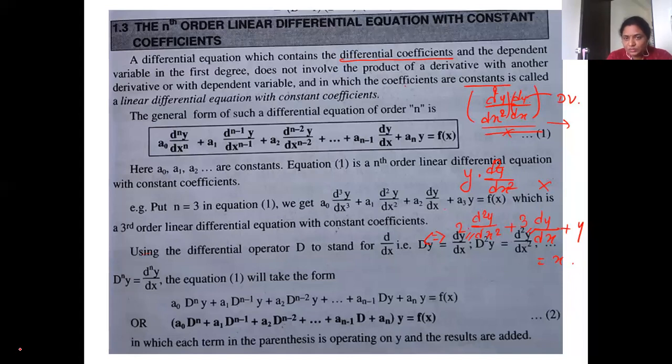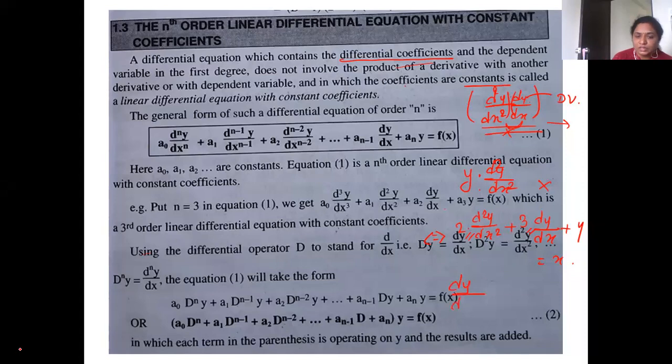The equation does not involve the product of two derivatives, or a product of a derivative with the dependent variable. The differential coefficients and the dependent variable are in first degree.